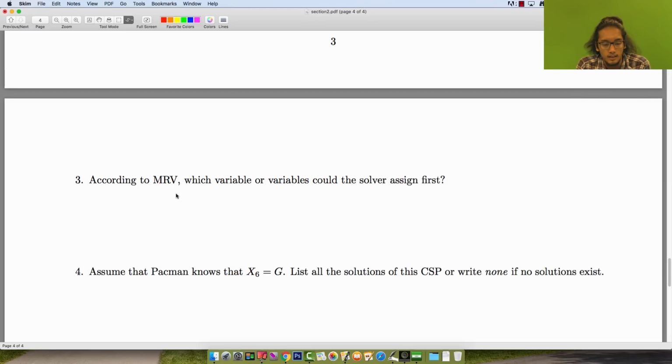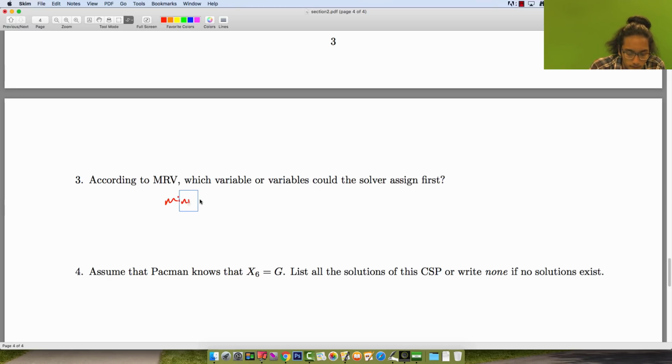So basically, it's a way that we can decide which of the variables we want to choose next to assign some value in backtracking search, right? So the question is, according to MRV, which variable or variables could the solver assign first? Okay, so let's write this down.